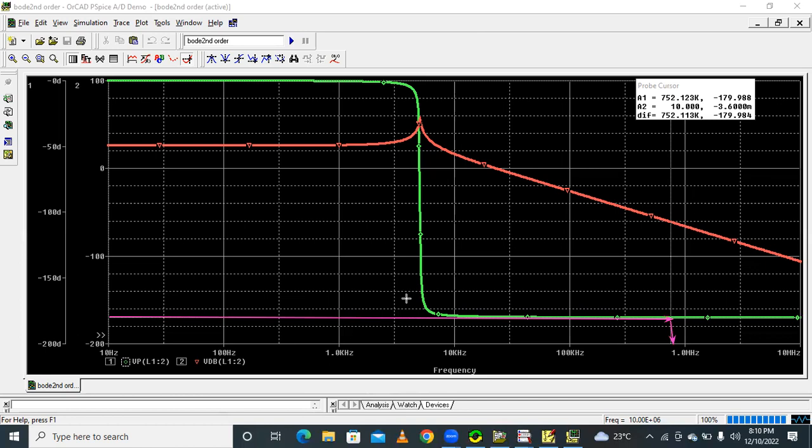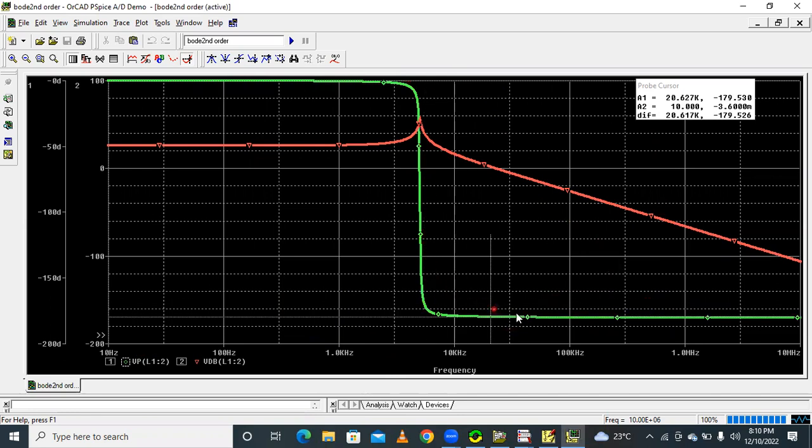Understood? Similarly, next, how to find the gain margin? To find the gain margin, from the 180 degrees line, where it is touching. This is called the phase plot.